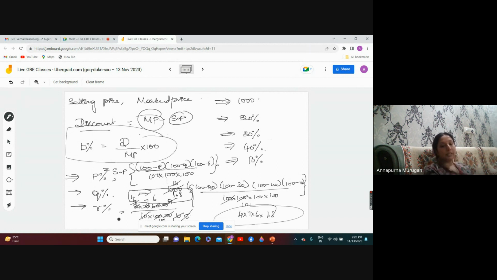This is how you calculate the discounted price. 42 into 4 is 84, and 84 into 1.8 is around 151 rupees. So after so many discounts, the price reduces by around 90%.